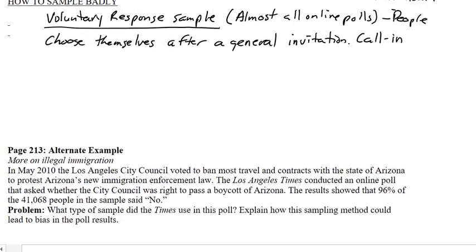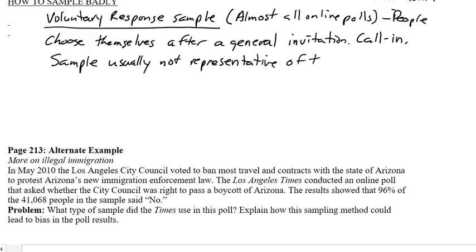Okay, call-in, that's one. The problem with a voluntary response sample is usually it's people with strong opinions or that just like to hear themselves talk sometimes. The sample is usually not representative of the larger population.